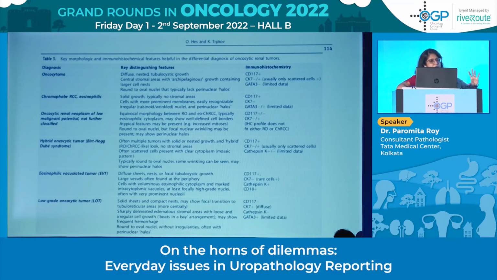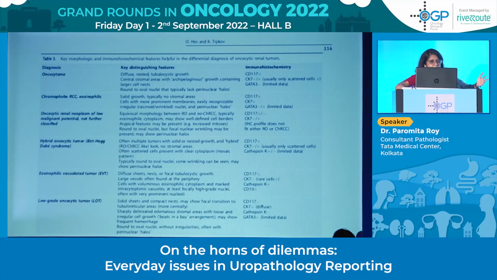These hybrid tumors were earlier called hybrid oncocytoma chromophobe-like tumors. Nowadays, that has been reclassified into the hybrid oncocytic tumor in the setting of bilateral tumors or hereditary setting like Birt-Hogg-Dubé syndrome. And if it's a sporadic case, these have been reclassified as oncocytic renal neoplasm of low malignant potential, not further classified. There are these two other entities of oncocytic tumors, eosinophilic vacuolated tumor and low-grade oncocytic tumors.